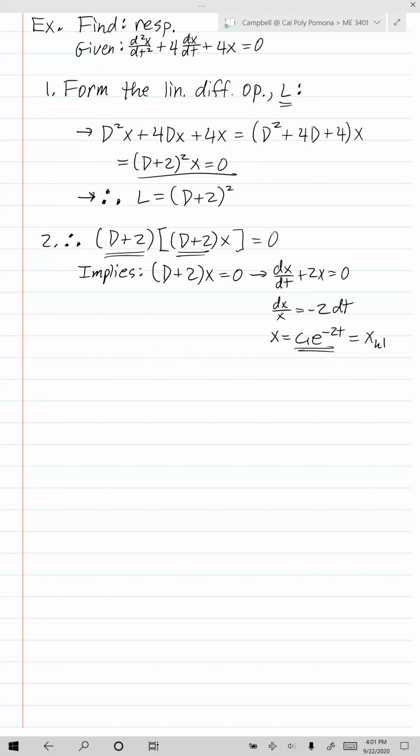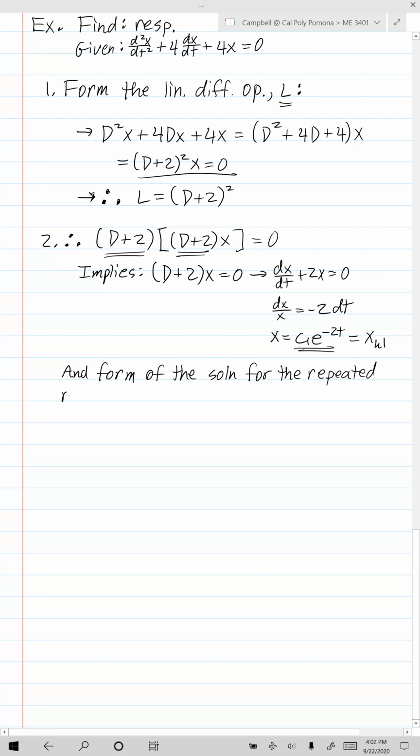We know that when we have repeated real roots, we can say that the form of the solution for the repeated real root is different.